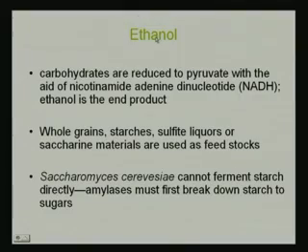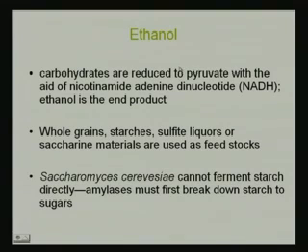Now, when we are talking about this ethanol, I told you that ethanol is one of the biggest fermented products which are available in the global market. Now, carbohydrates are reduced to pyruvate with the aid of nicotinamide adenine dinucleotide, and ethanol is the end product of this particular process.